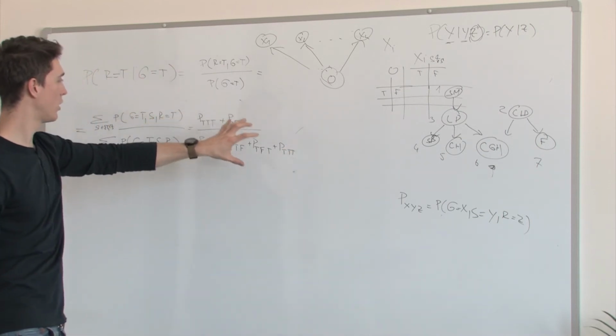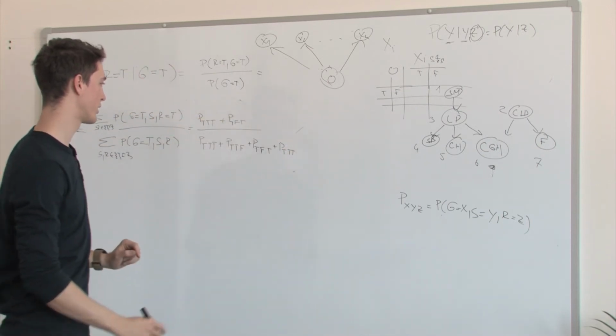And each member of this equation is actually one full joint probability distribution.